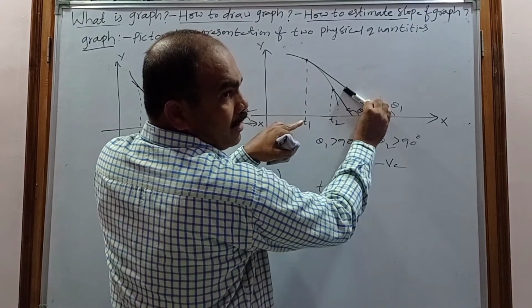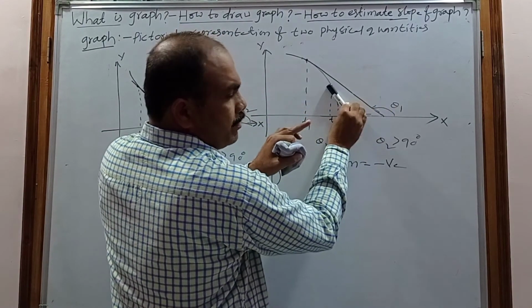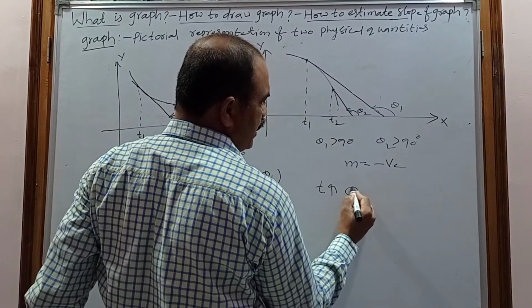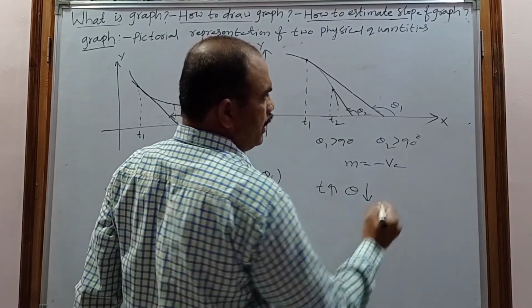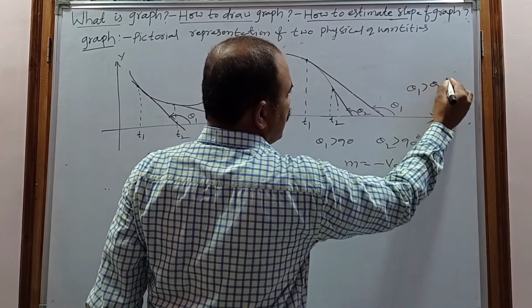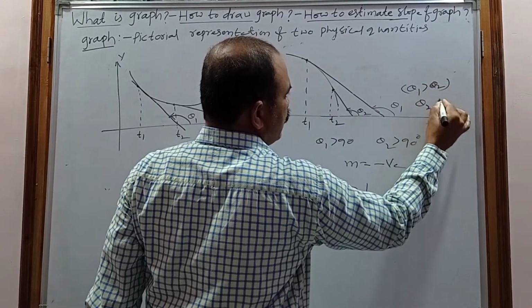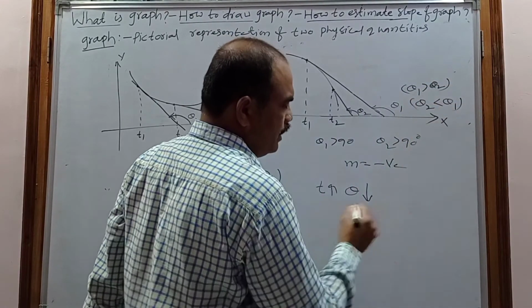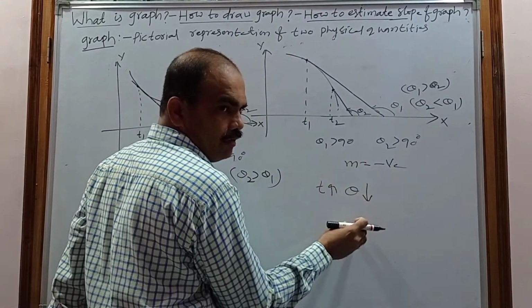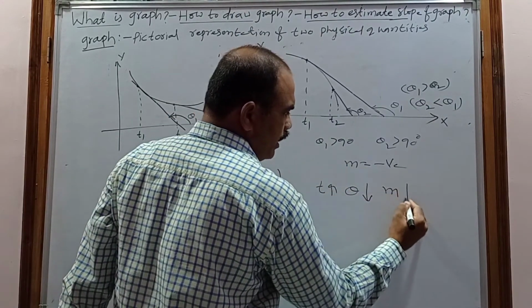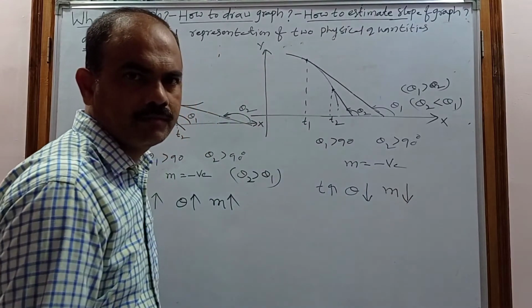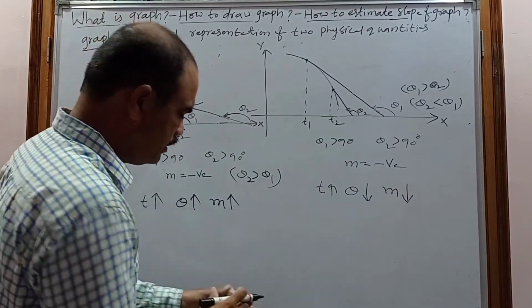At t1 the angle will be more, at t2 the angle will be less. The theta is decreasing: theta 1 is greater than theta 2. When the time is increasing, the theta value is decreasing, and that's why the slope decreases.